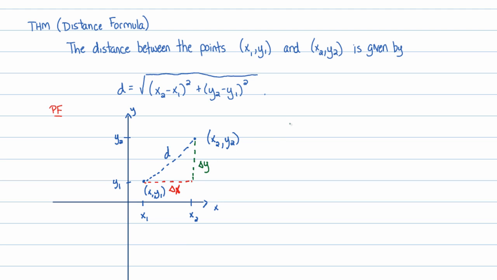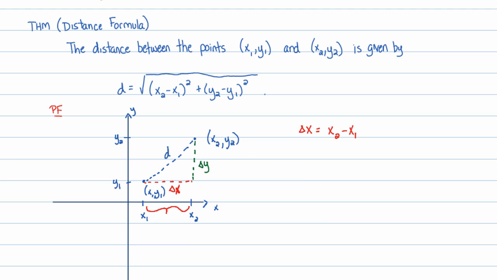A couple things to note here. In this given problem, the change in x is the distance between these 2 points. In other words, it's the larger x value minus the smaller x value.